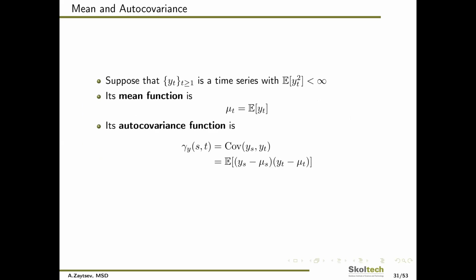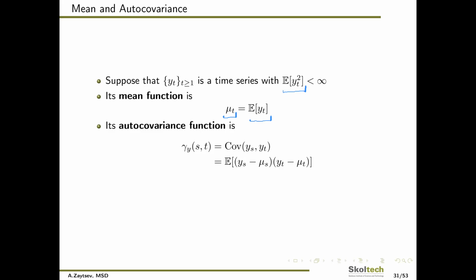For the mean function, we have this mu t, the mean value of yt. So without noise, at each yt we have this mu. We assume that the variances are smaller than infinity. The mean value is also smaller than infinity.